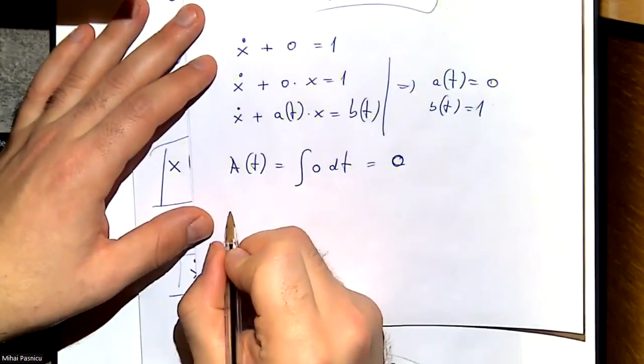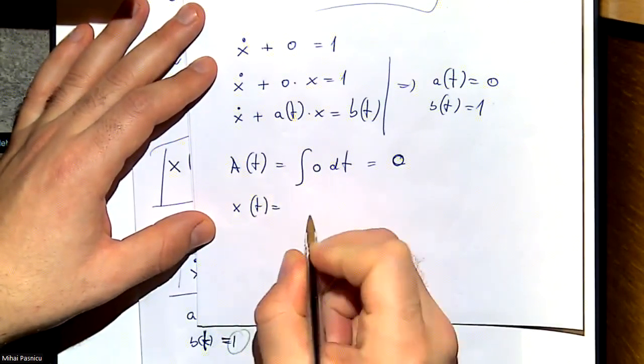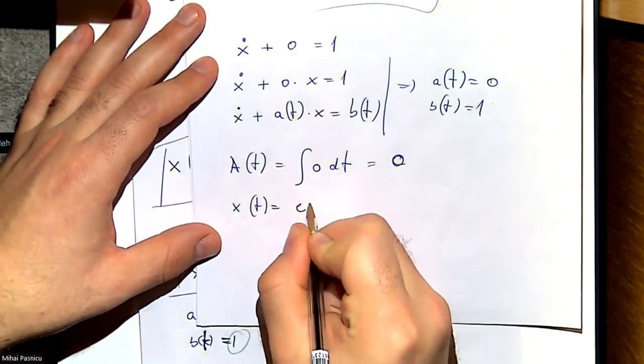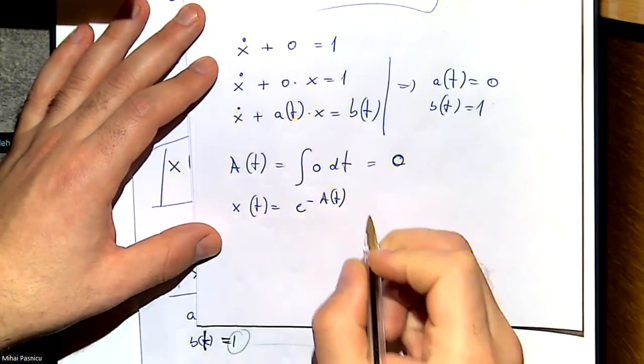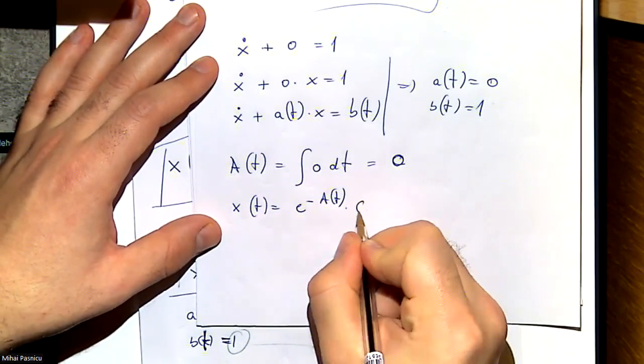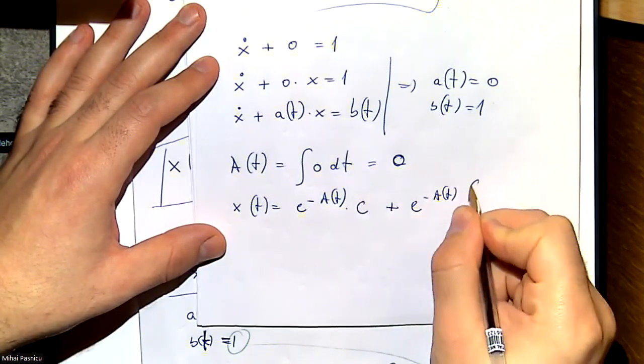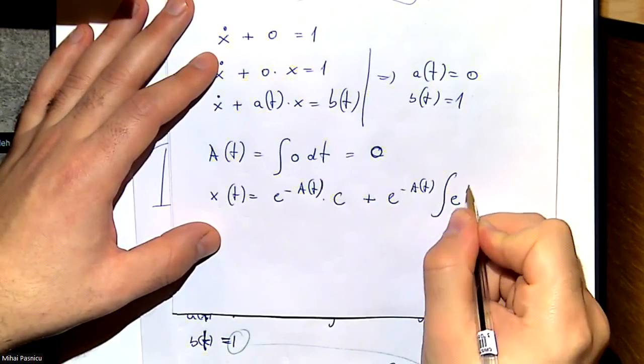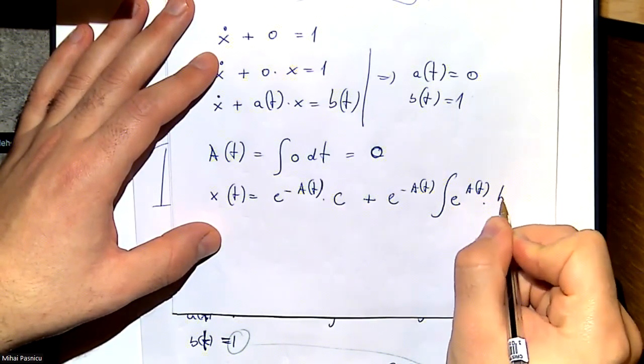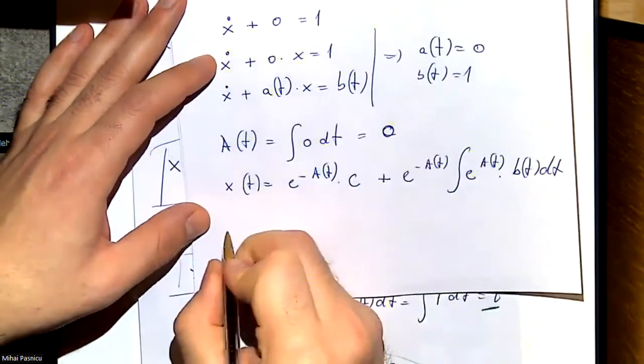Now, apply the formula. What's our formula? I'll write it myself since it's easier for me to remember. x of t is equal to e to the minus A of t times a constant plus e to the minus A of t times the integral of e to the A of t times b of t dt.